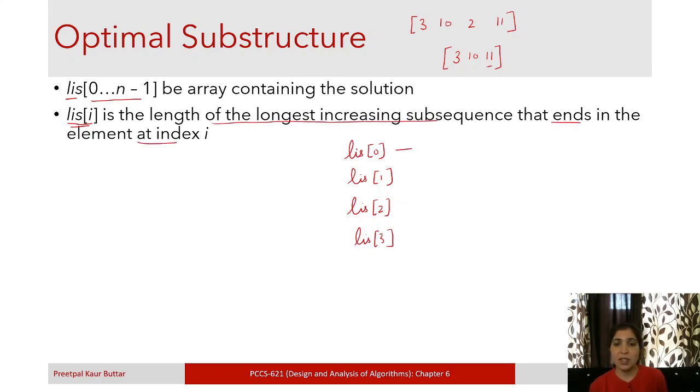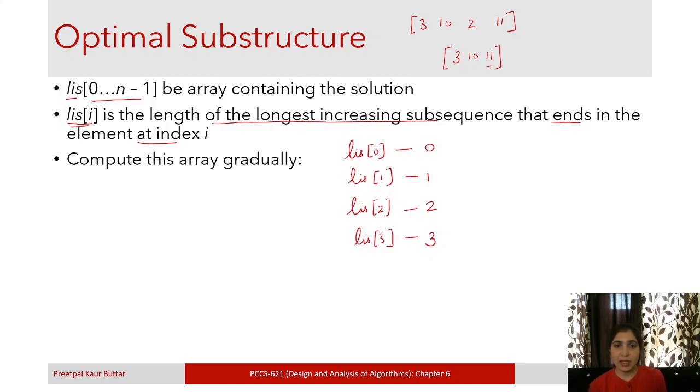So LIS[0] gives us the solution to the longest increasing subsequence ending at index 0. Similarly, this is ending at index 1, the longest subsequence ending at index 2, the longest subsequence ending at index 3, likewise.